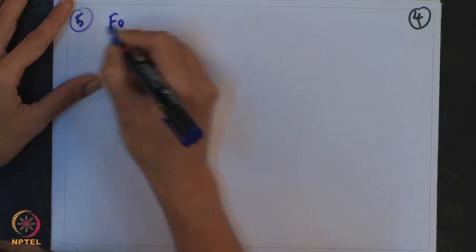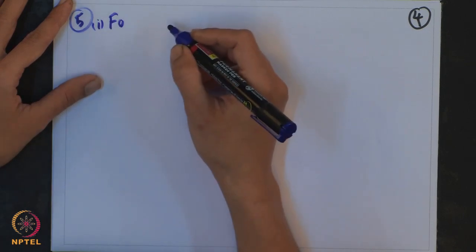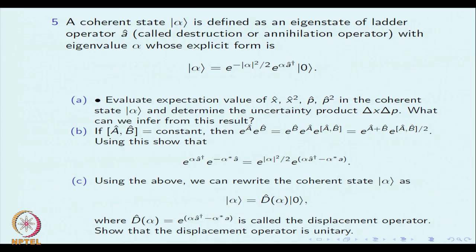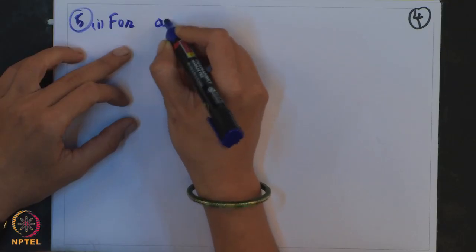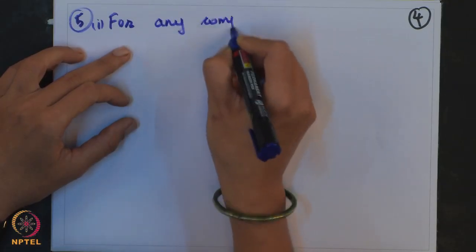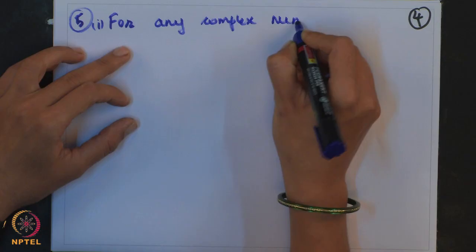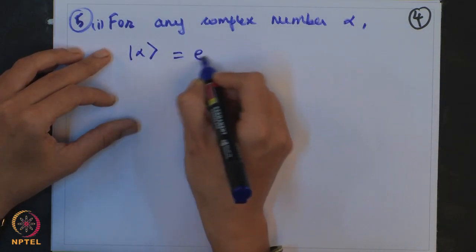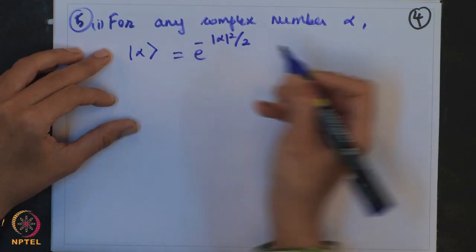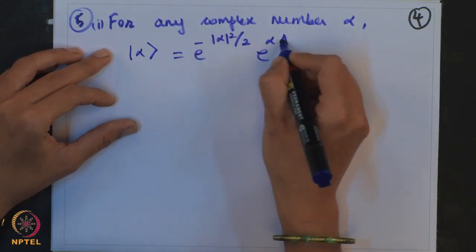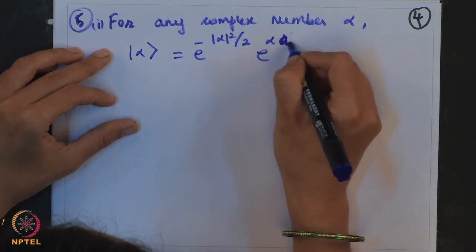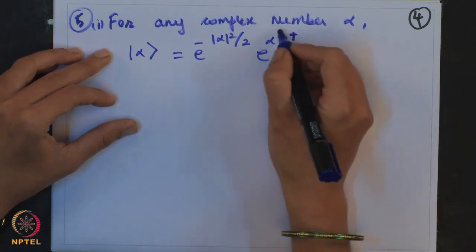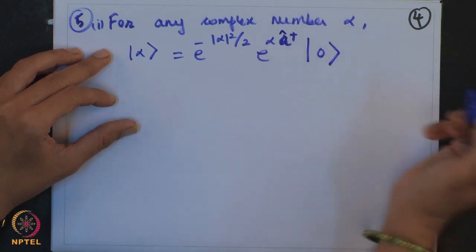So, in the first part you are given a coherent state which is defined as the eigenstate of the ladder operator, and you are given a relation. So, for any complex number alpha, you are given |alpha> is e raised to minus |alpha|^2 upon 2, e raised to alpha a dagger, small a dagger, okay, on |0>.